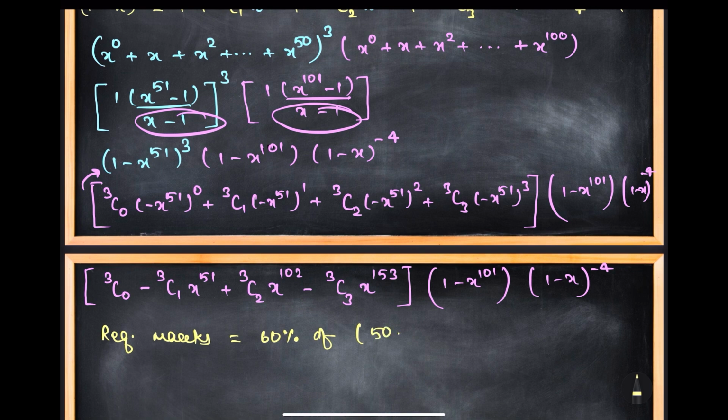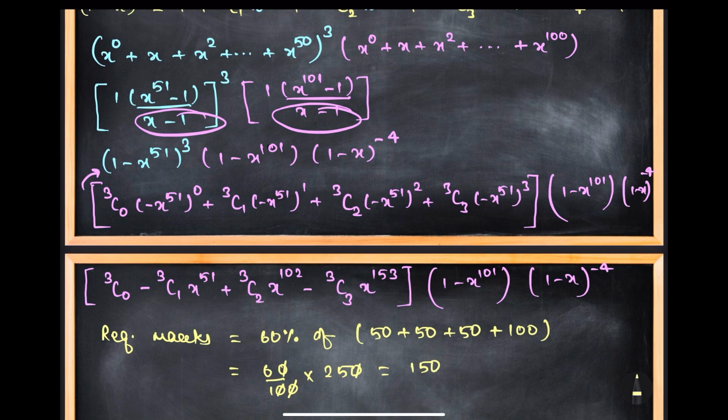So 50 plus 50 plus 50 and plus 100, so the total marks is this, and we have to get 60%. So 60 by 100 into 250, 250 right, so we have to get 150 marks.